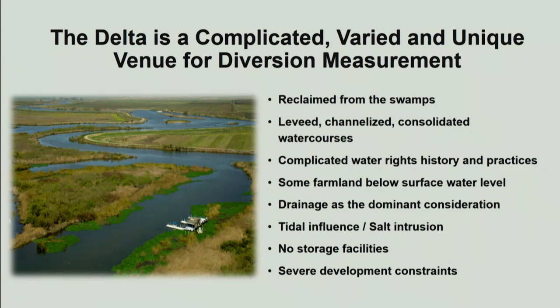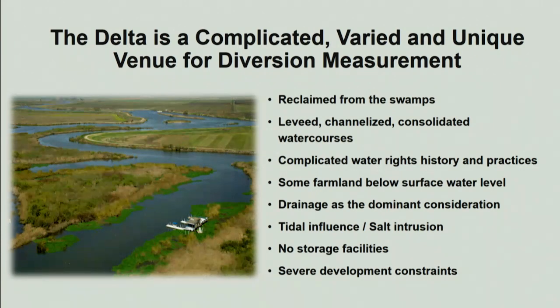The Delta is leveed and channelized, and the water courses that used to meander all throughout the swamps have been channelized, which creates a lot of the problems that we're trying to deal with and understand better, so that we can correct some of the unintended consequences of former governmental actions and private actions that were taken in furtherance of those former government policies.